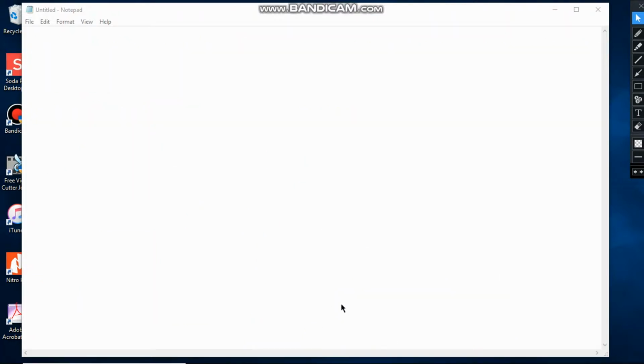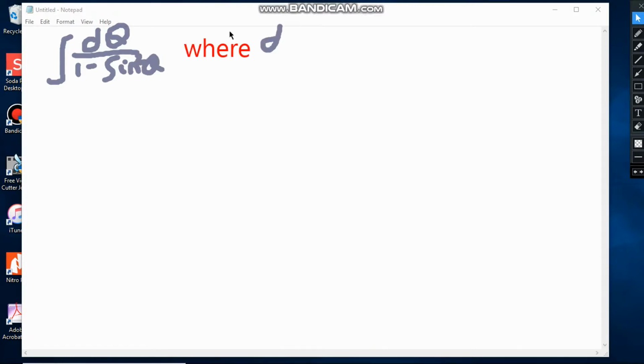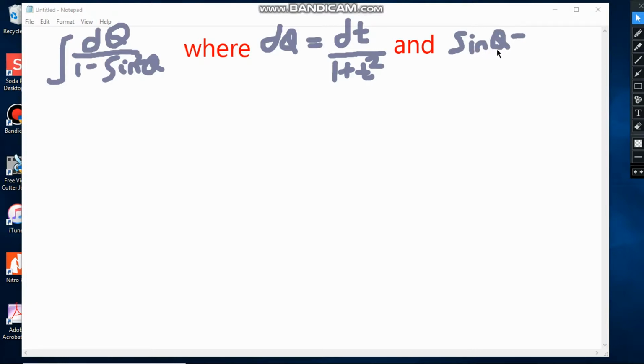We have the integral of d theta over 1 minus sin square of theta. Where there is d theta, I place dt over 1 plus t square, and where there is sine of theta, I place t over the square root of 1 plus t square.